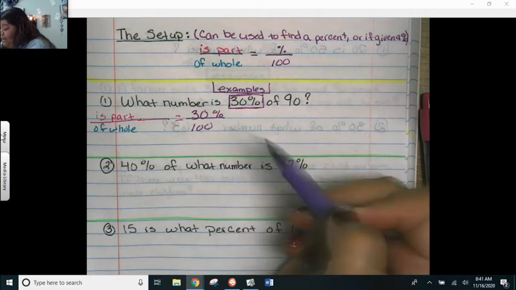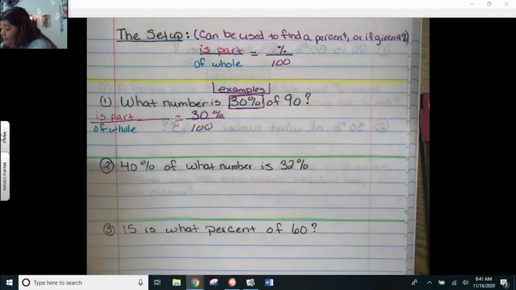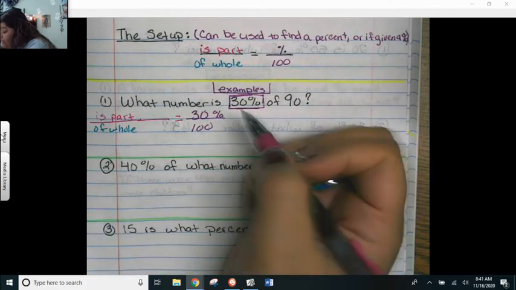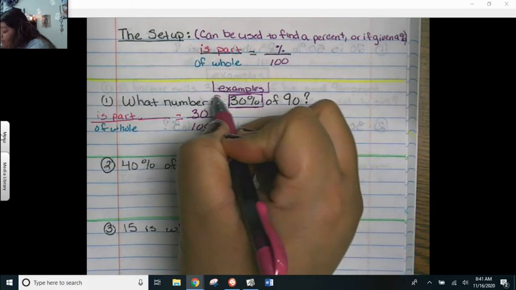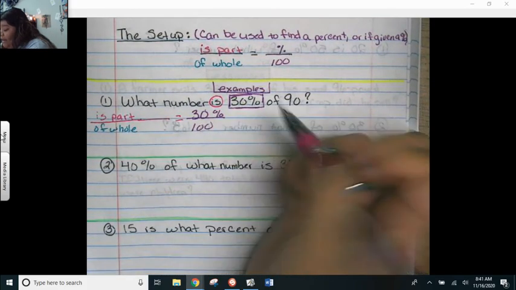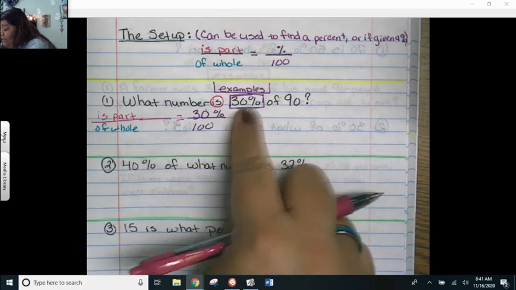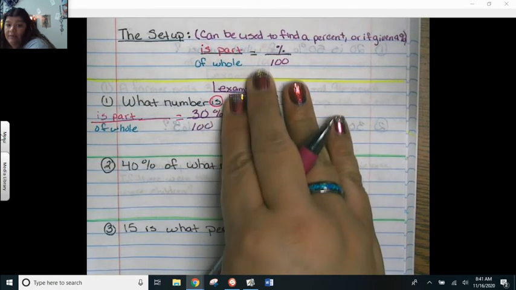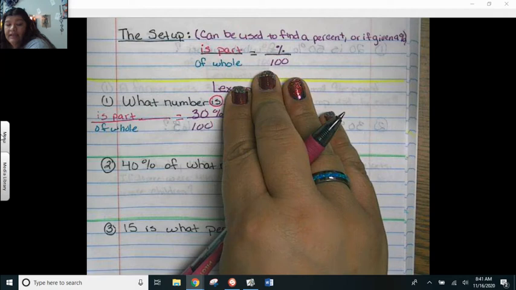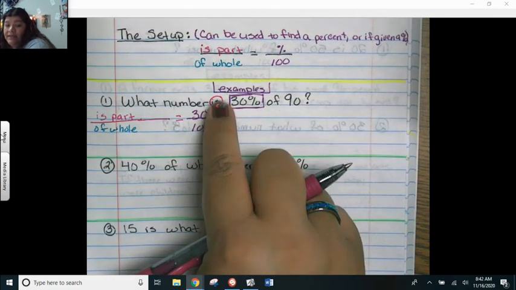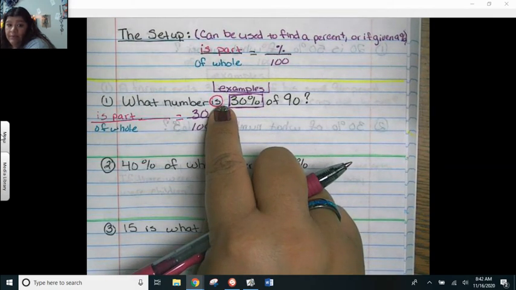So I found my percent, now I have to find my "is" and my "of". Let's go looking for the word "is". I see it right here, and I don't see a number in front of it or behind. The number next to it is the percentage, so I can't think about that. That's gone. So what number is? That means we don't have the number that represents the part.